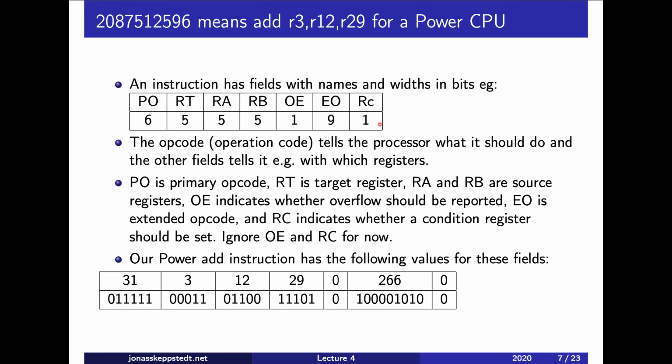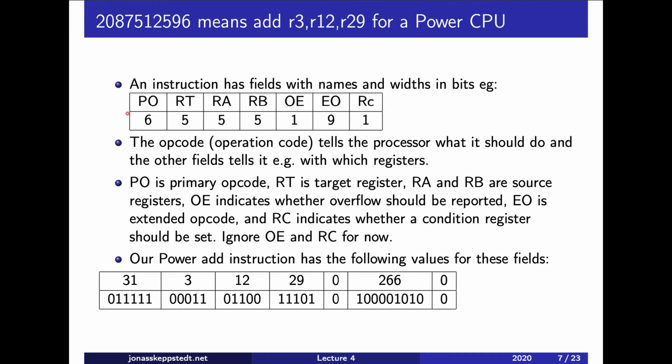The instruction consists of sub-fields, or attributes. We can't change them, so maybe not variables, but attributes. And it's important that the very first attribute, if we read from the left, decides what should happen next.